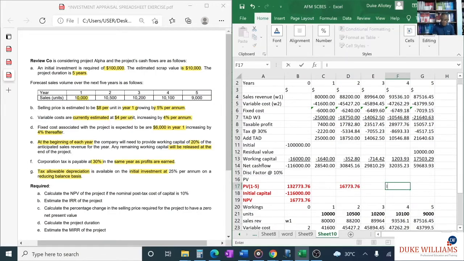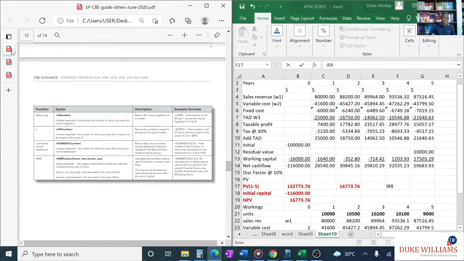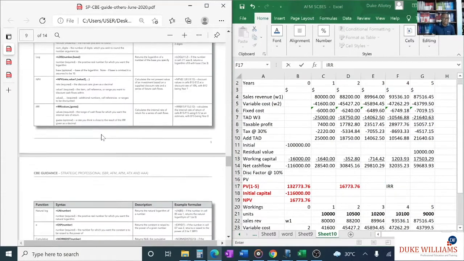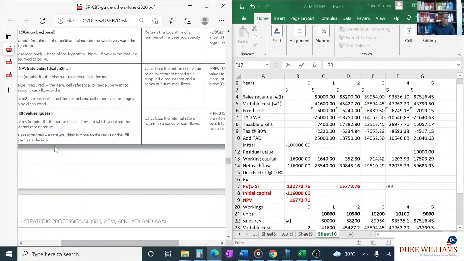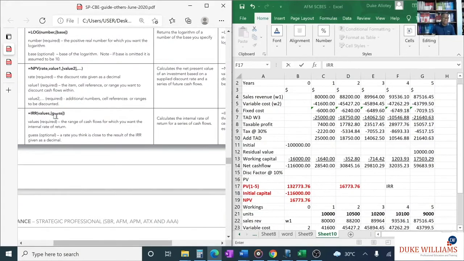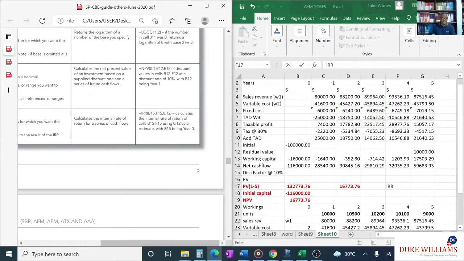Now, the IRR is also very interesting. So yes, the IRR is simply the IRR of the values. The guess is optional, okay. But once you hit the values, what you need to remember is that these values should start from year zero.